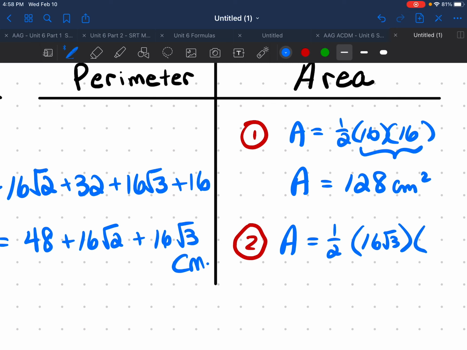The height, same as the last, is 16. All right, to finish this up, we have 1/2 times 16 times 16. Well, that's familiar. We just did that in the last example, but don't forget your radical 3 here. So our final area for the second piece is going to be 128 radical 3 centimeters squared.